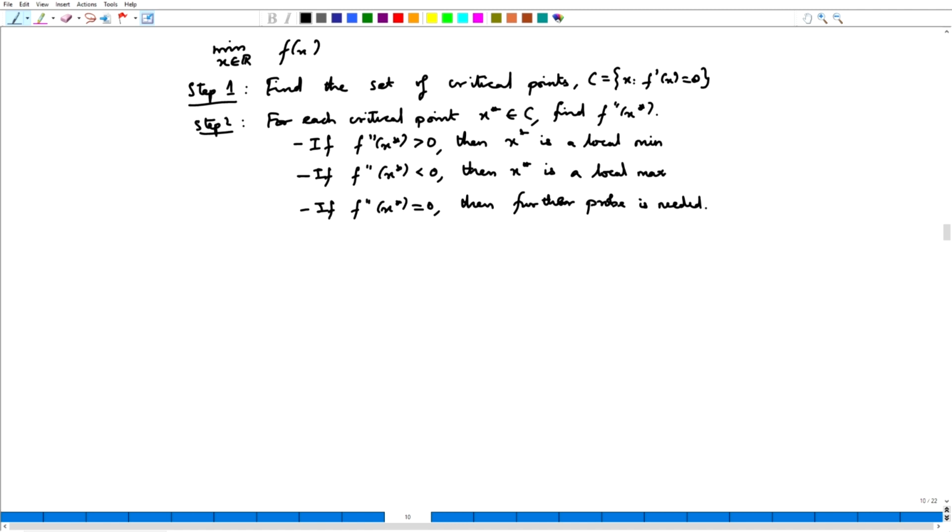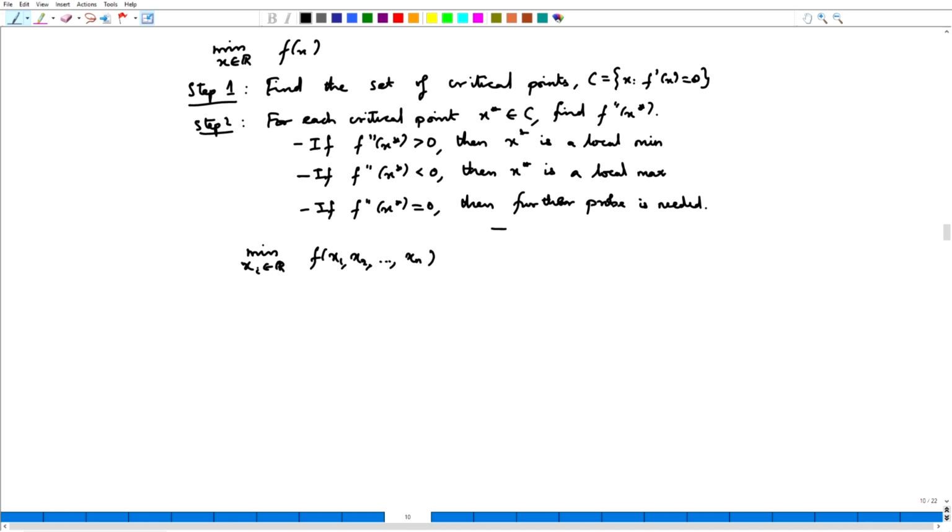But suppose n is greater than 1. Let us consider the setting when we are minimizing f of x1, x2, dot dot dot, xn, where each xi belongs to R. So, this is also an unconstrained optimization where the number of variables to be determined is n instead of just 1.